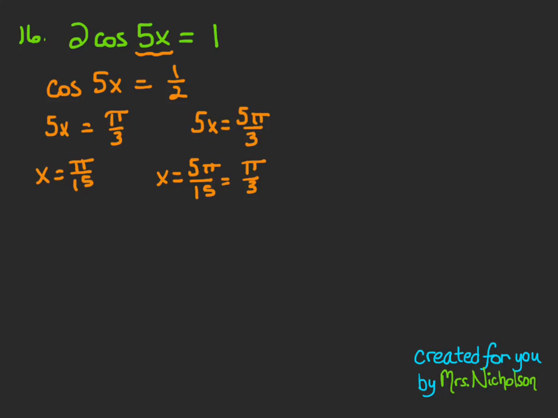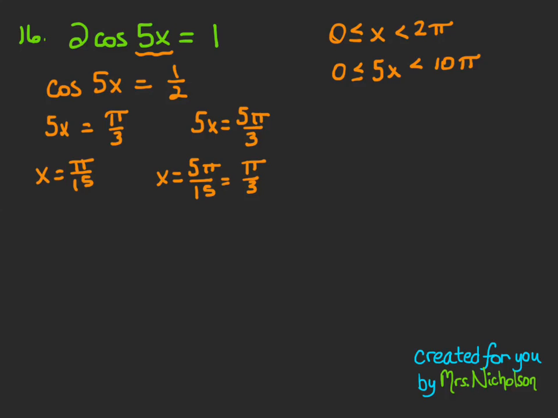But remember, on these problems where I have a multiple angle, we're going to end up with more than just two answers. We're solving here for x between 0 and 2 pi. And if x is between 0 and 2 pi, that means 5x is going to be between 0 and 10 pi.